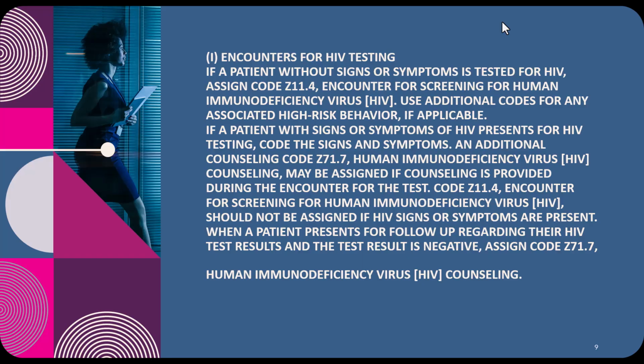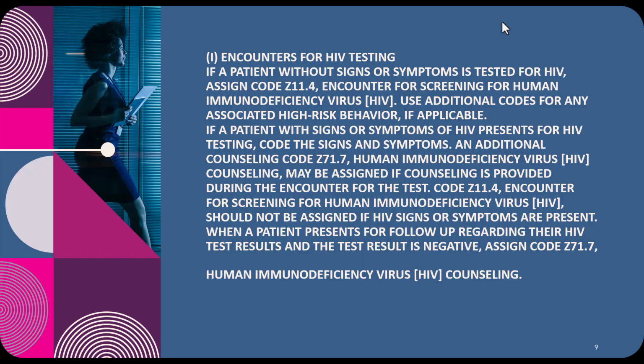A little further down from there, you have Z11.4, encounter for screening for HIV, which should not be assigned if HIV signs or symptoms are present when a patient presents for follow-up regarding their HIV test results.